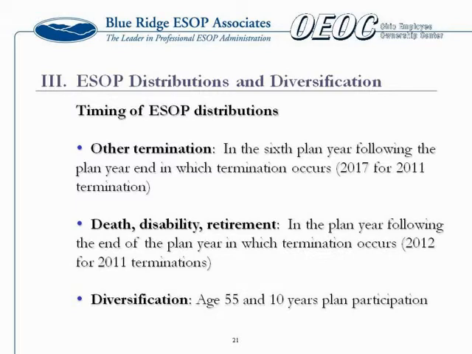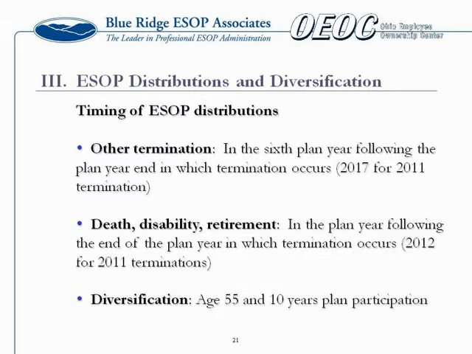This could be the beginning of installment payments, or lump sum distributions. For death, disability and retirement, it would be the plan year following the end of the plan year in which termination occurs. So for a 2011 disability, retirement or death, that would begin in 2012.